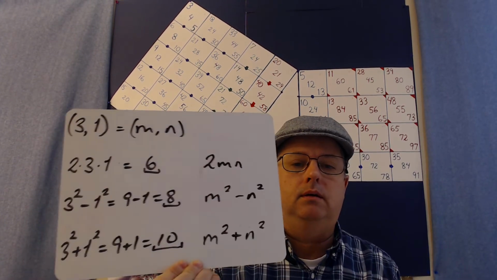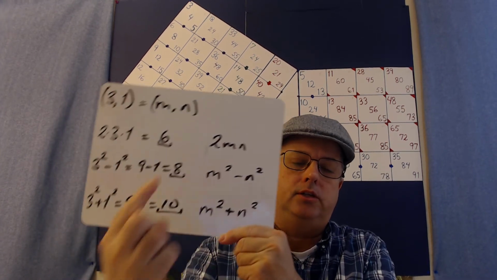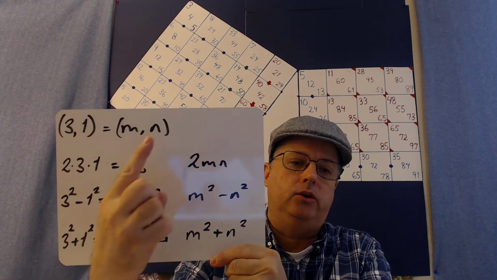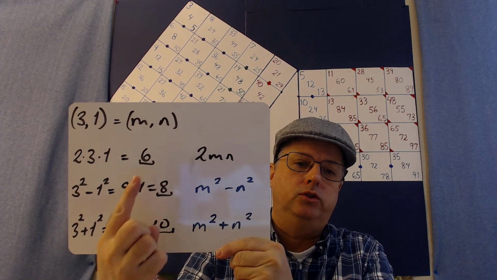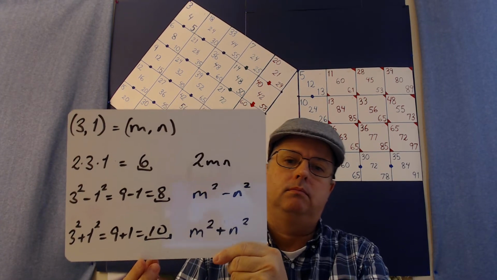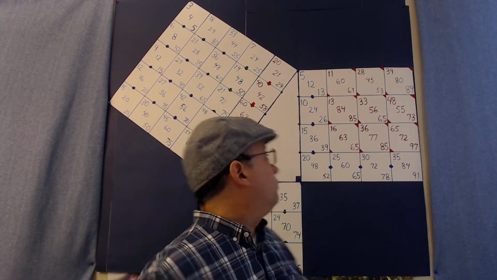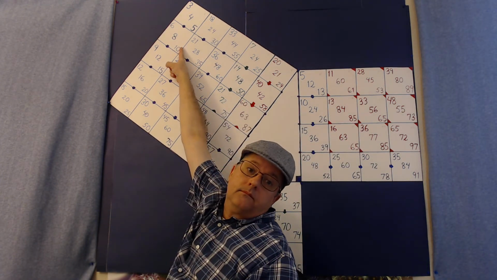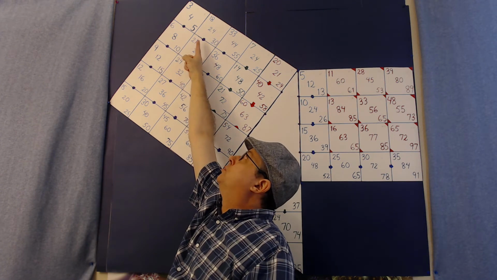And so sometimes this formula that generates Pythagorean triples with certain values of m and n will generate a multiple of a primitive. Okay, so this is generating the 6, 8, 10 here, which is a multiple of the 3, 4, 5 above it there.